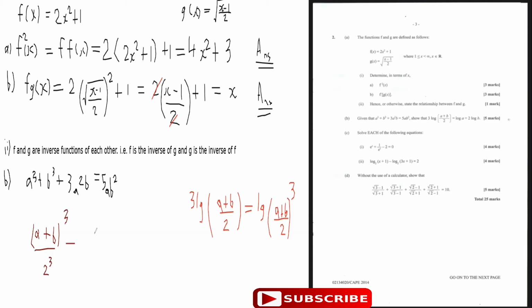And so what we really have is a plus b over 2 all cubed, and in reality, this is just a plus b all cubed over 8.